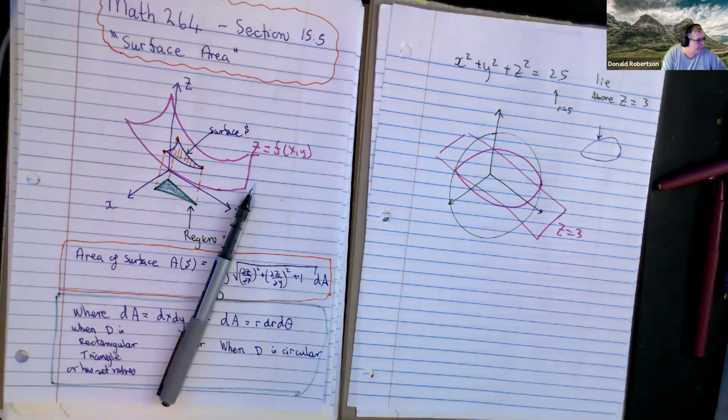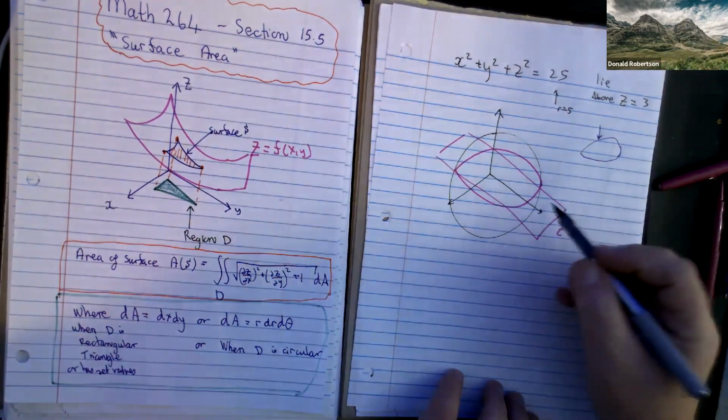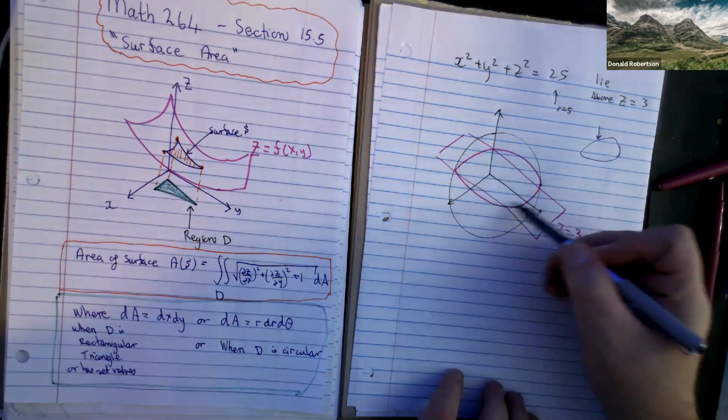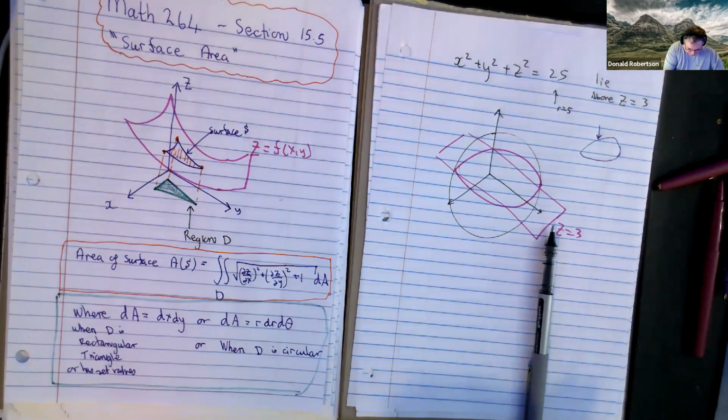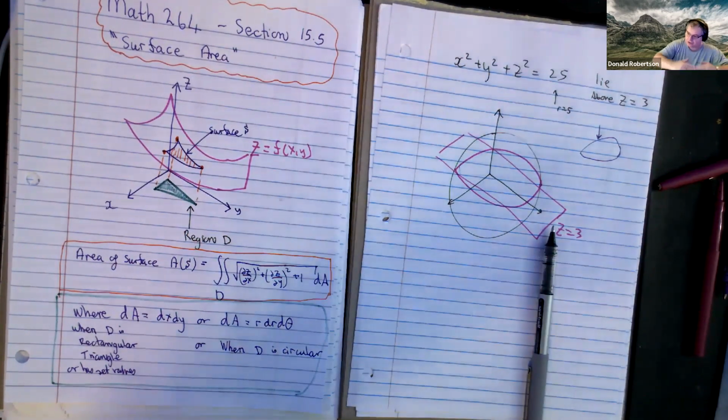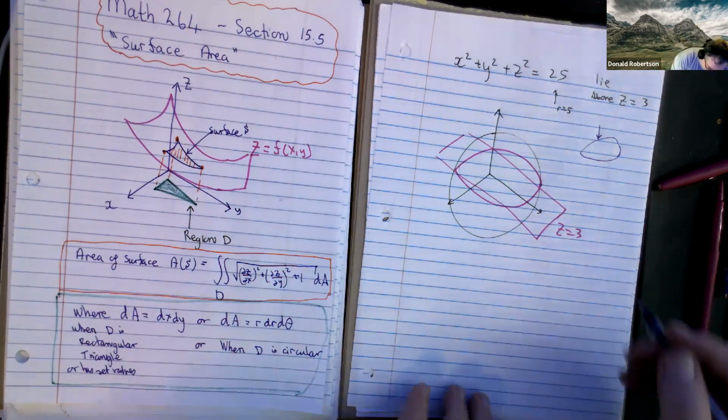So this one requires us to adapt to a slightly different situation. The first thing is to realize that this purple circle is not the floor. It's actually 3 units above the floor because it's z equals 3.